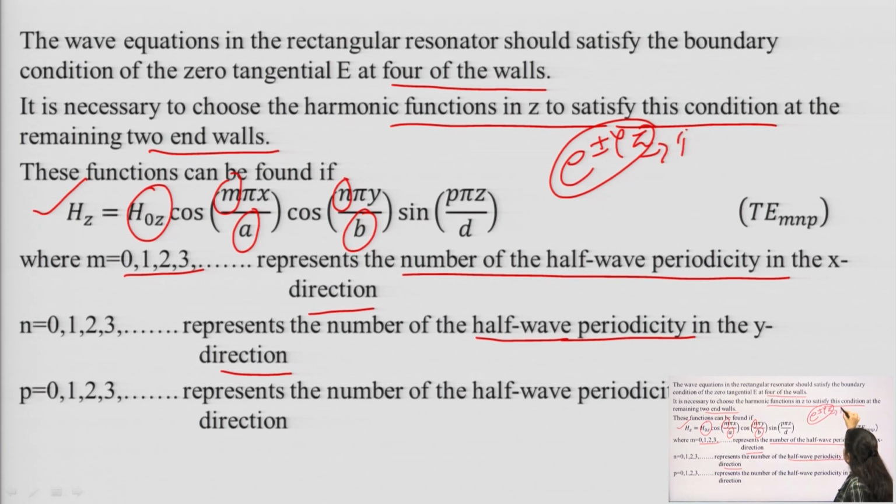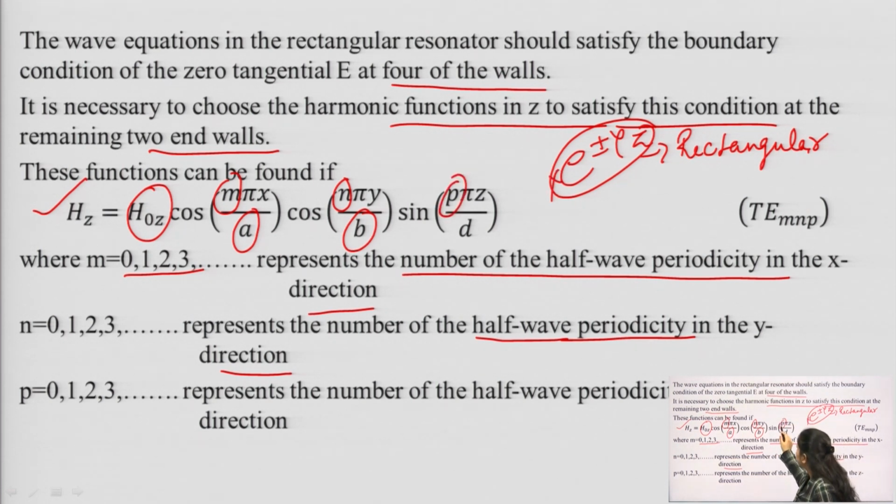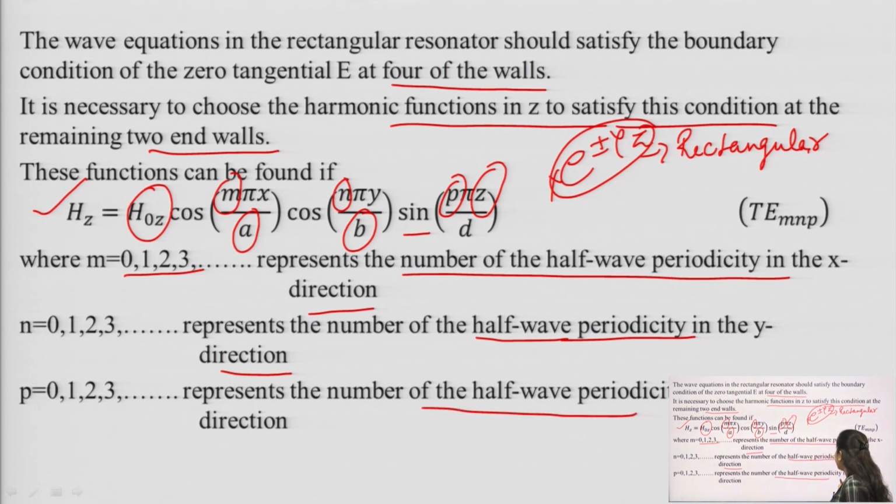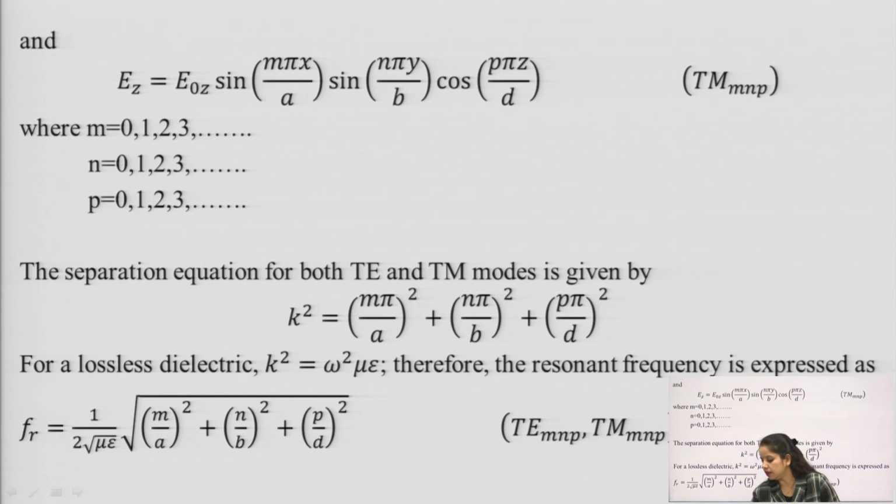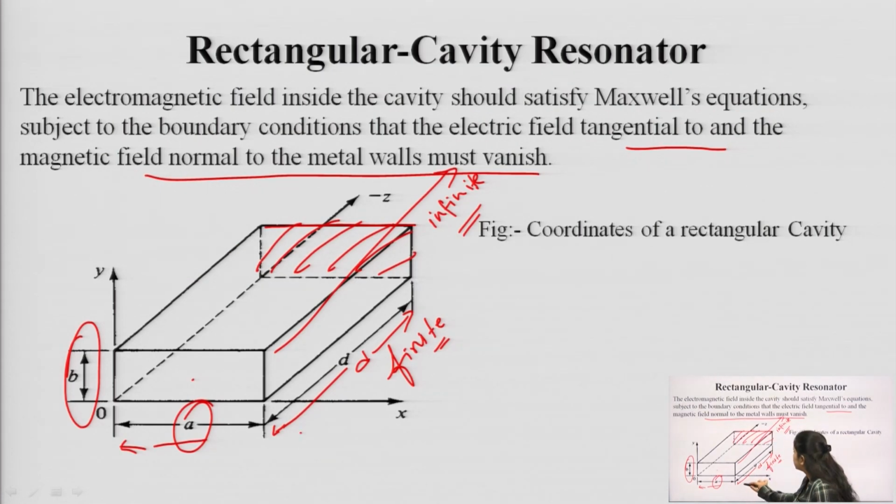But here the Z direction is also bounded, so this expression can't be applicable, and here we use sin(pπz/d) for the Z direction, where p is equal to 0, 1, 2, 3 and represents the number of half-wave periodicities in the Z direction, and d is the dimension in the Z direction, because d is also fixed in this case.